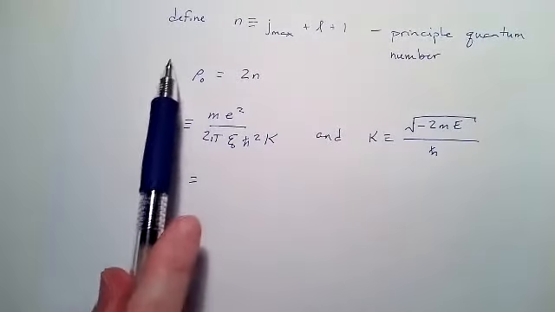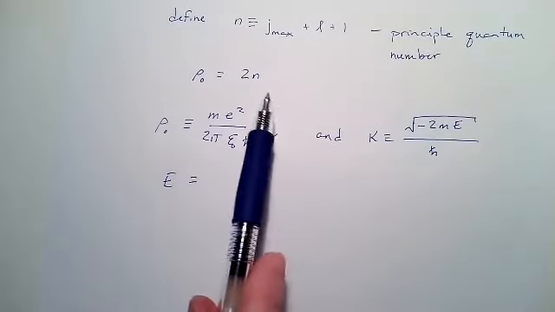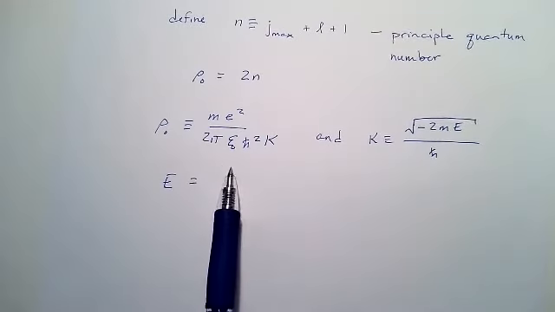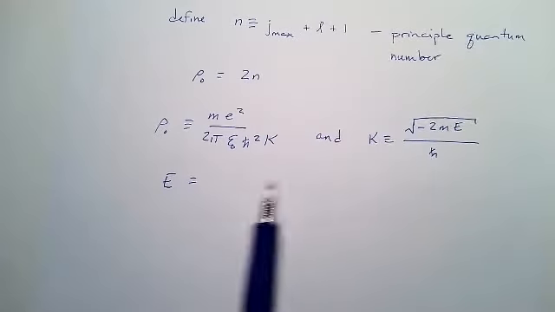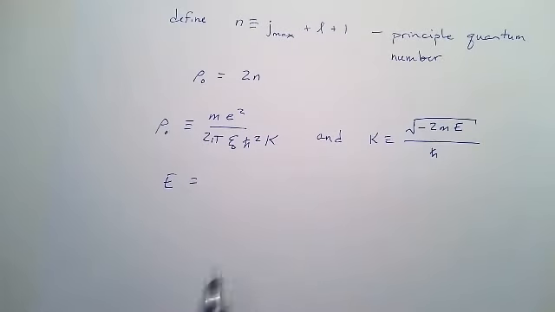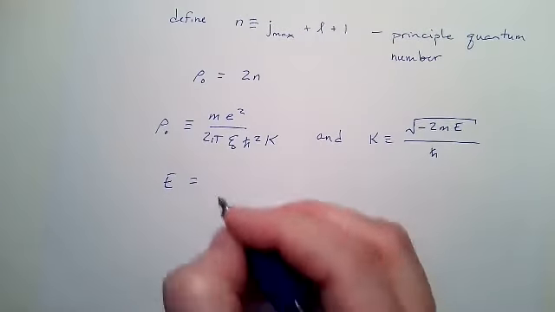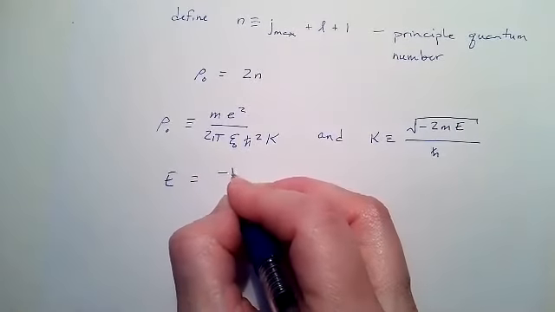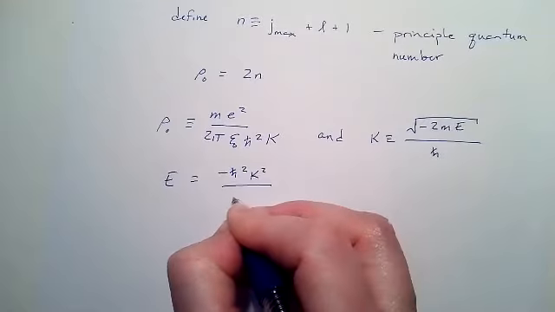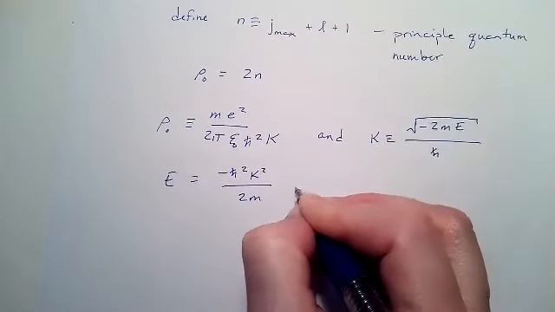We're going to use that maximum value to define this principal quantum number in terms of that maximum value, and we're going to put it in here and here to get our allowed energies. So we get this formula that says our allowed energies are negative h bar squared, kappa squared, over 2m.